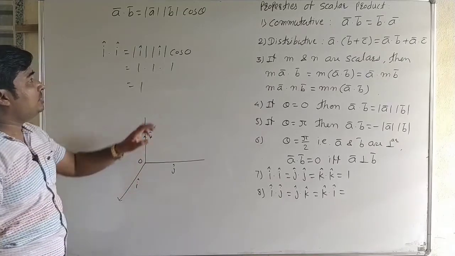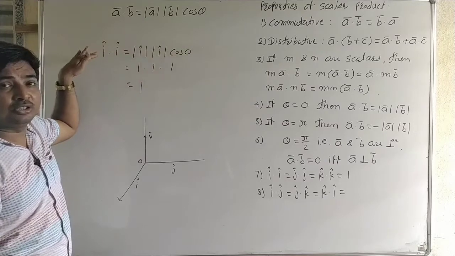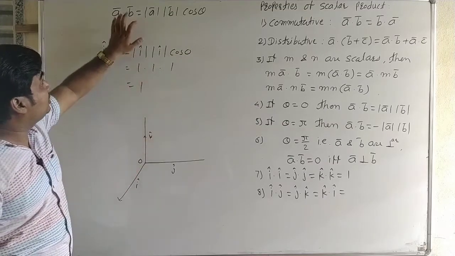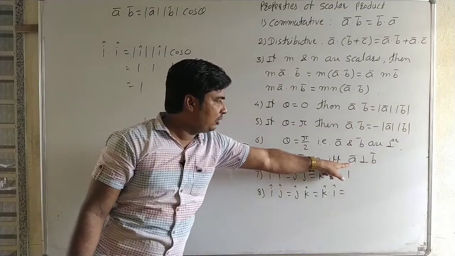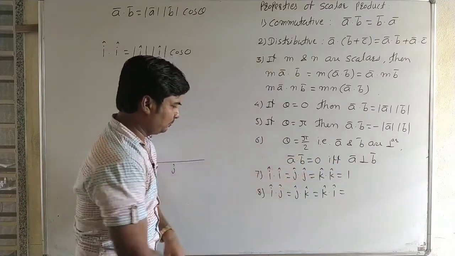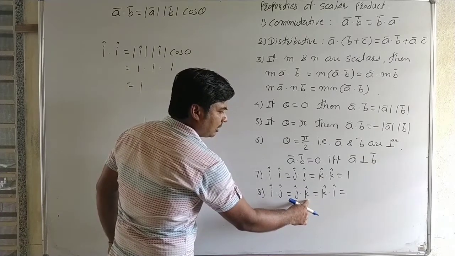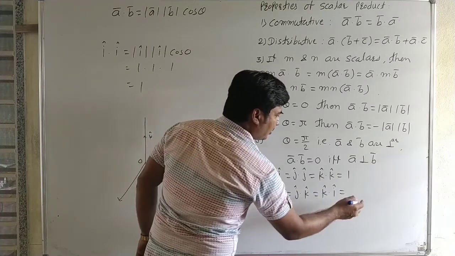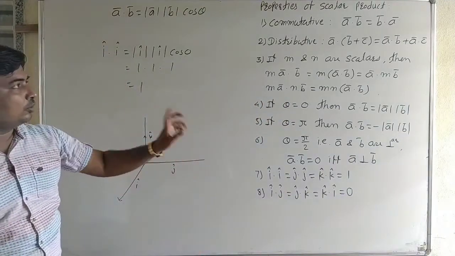Perpendicular means the angle is 90 degrees, and cos 90 is 0, and therefore it is 0. By using the definition, or this property, if two vectors are perpendicular, then their dot product is 0. I cap and J cap are perpendicular, J cap and K cap are perpendicular, K cap and I cap are perpendicular, therefore their dot product is 0. It is the dot product of two vectors.